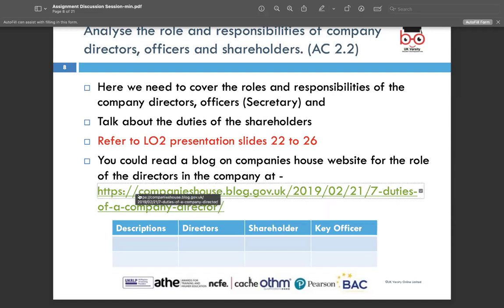Can you see the link, open that link? Yes. This is a 2019 blog. We are discussing a mixture of different kinds of material, but I suggest that you must read the Companies Act 2006.